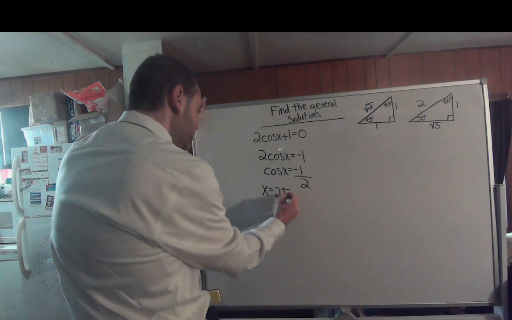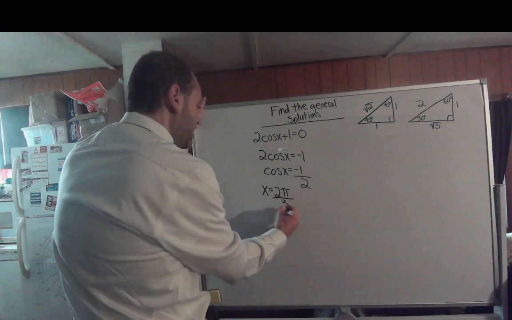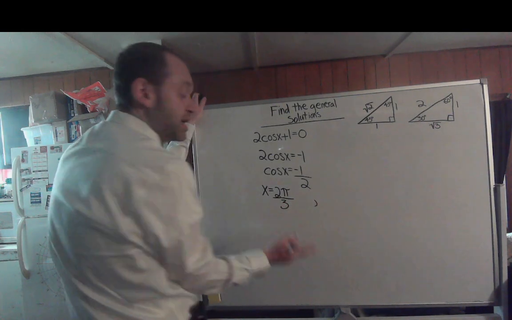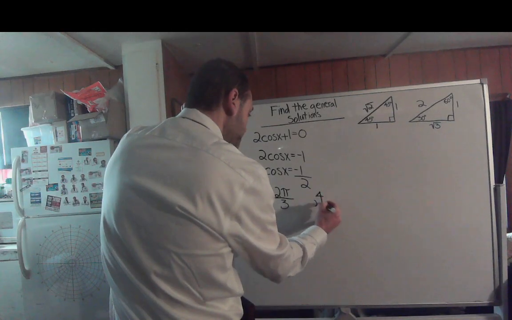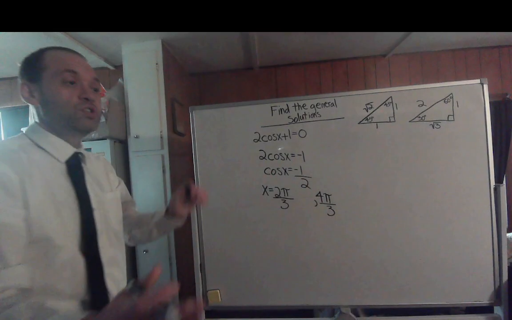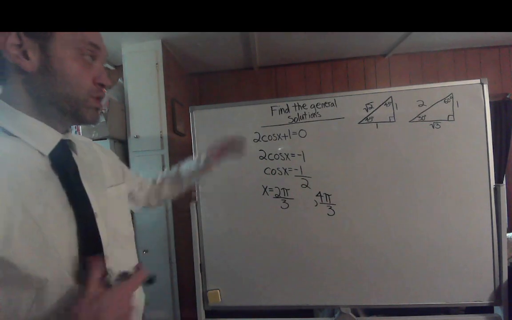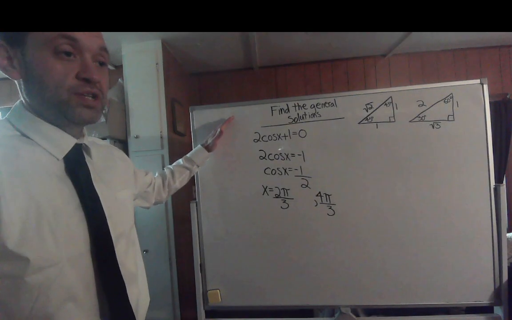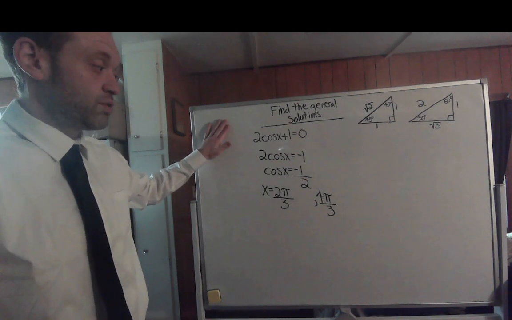And then in the third quadrant, you would get 4 pi over 3. Because you always want to go from 0 to 2 pi when trying to find the general solutions, or even if it's just restricted to 0 to 2 pi.